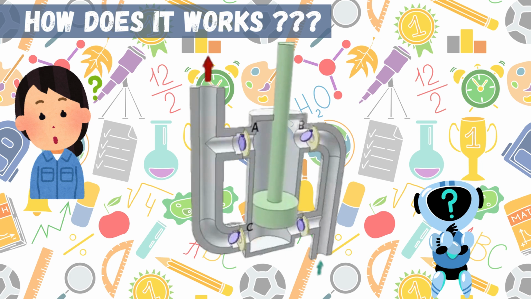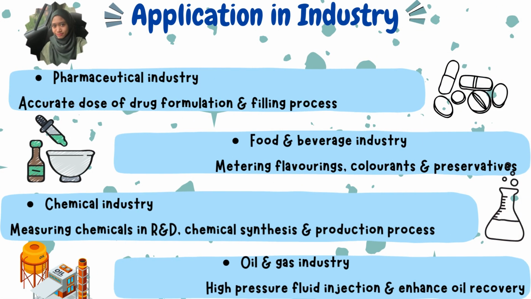Furthermore, there are several applications of dual piston pump in the industry. For instance, in pharmaceutical industry, dual piston pump is used to measure accurate dose of drug formulation and filling process.